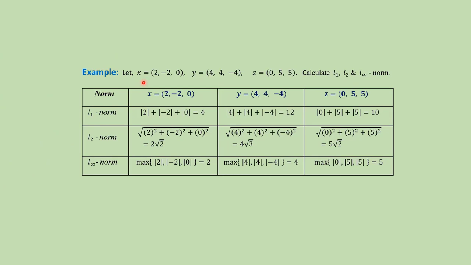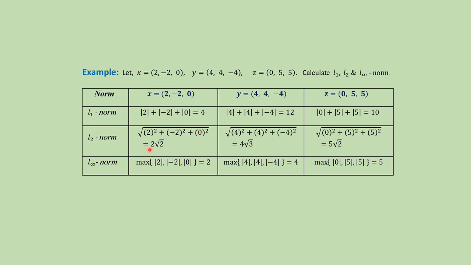For example, the vectors x, y and z are given. We need to calculate the L1, L2 and L infinity norm. So for the L1 norm, we take the absolute value of each component and then add them together. We got 4. For y, we also take the absolute value of each component and add them together. We got 12. Similarly, we got 10 for z. For the L2 norm, we take the square of each component and then add them together and finally take the square root.